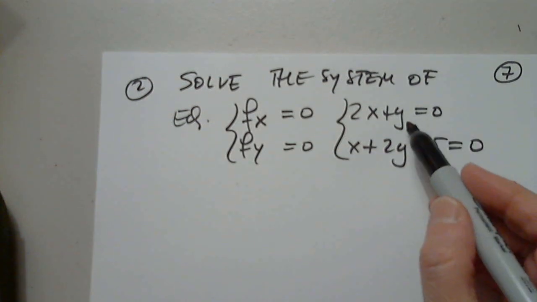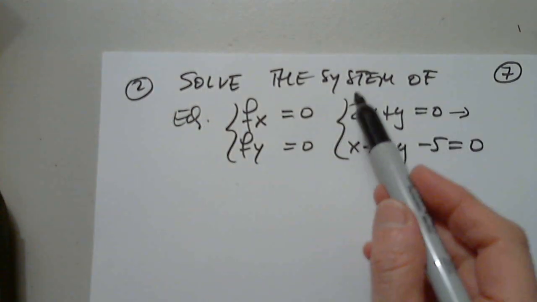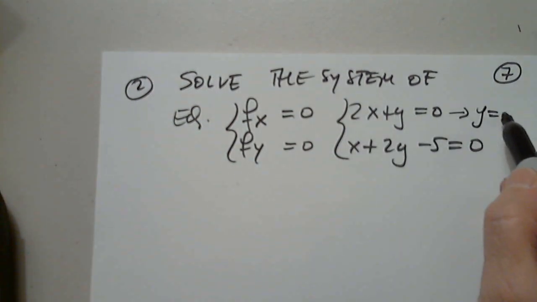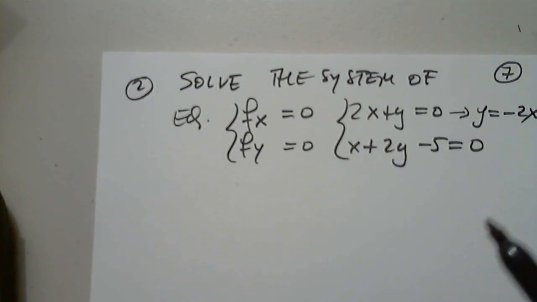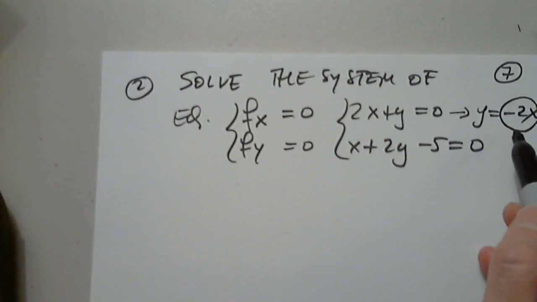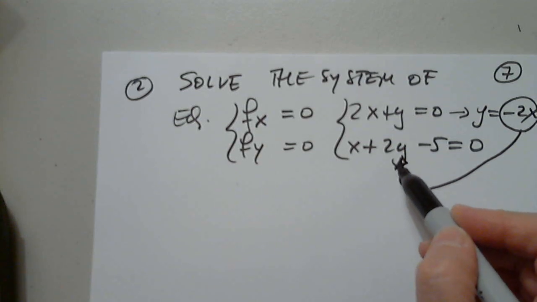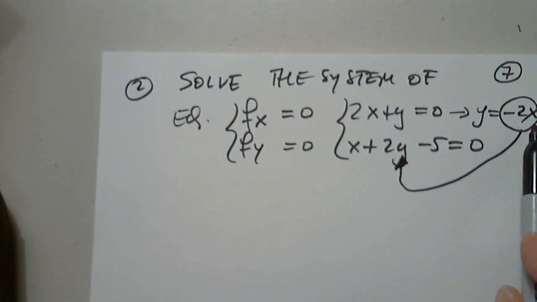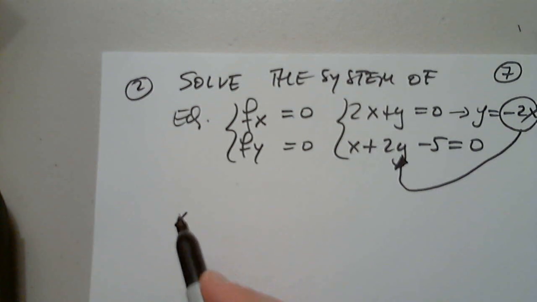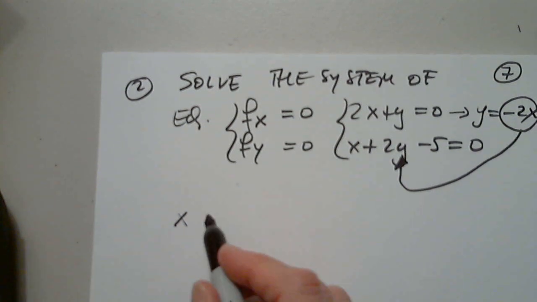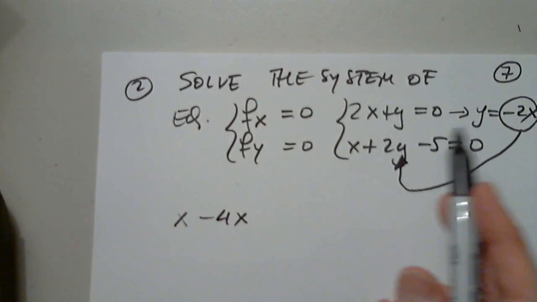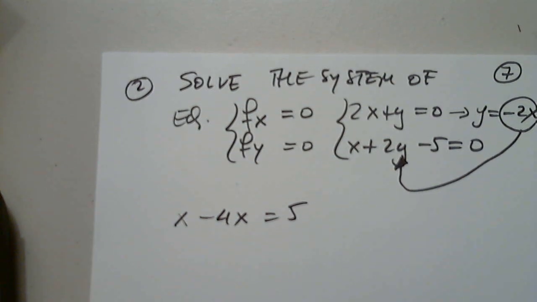Okay. So from here, if I move 2x to the other side, I get y equals negative 2x. By substitution, I will replace y in the second equation by negative 2x. So I have x. 2 times negative 2x is negative 4x. I will put 5 to the other side.